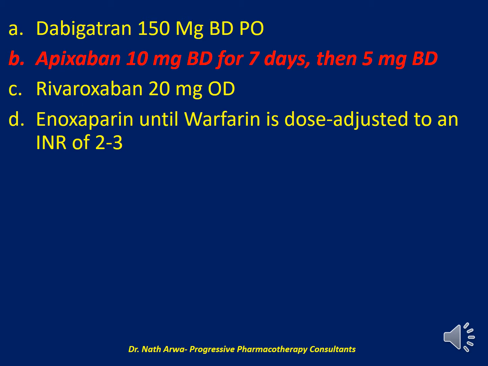Now, according to the CHEST guidelines for VTE without an associated cancer diagnosis, all DOACs, direct oral anticoagulants, such as dabigatran, rivaroxaban, apixaban, and edoxaban, are recommended over vitamin K antagonist therapy. On the other hand, vitamin K antagonist therapy is recommended over low molecular weight heparins.